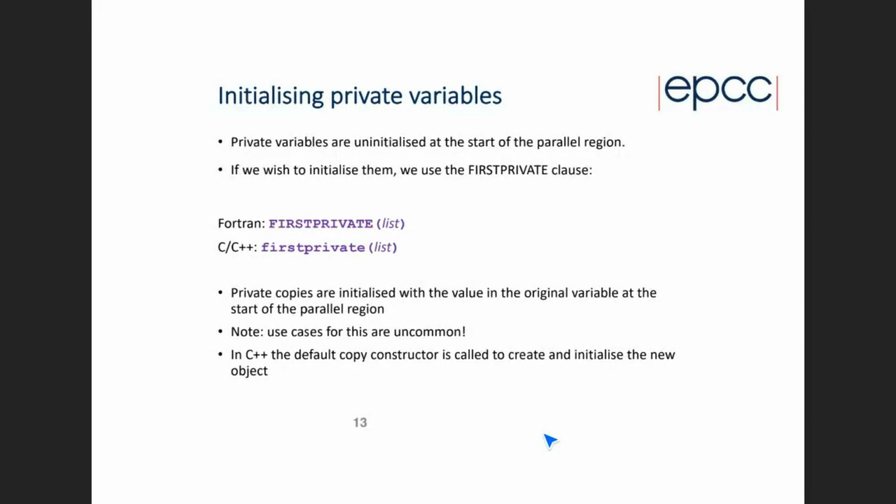There are some use cases, but they are fairly uncommon. Again, this works for C++ objects. In this case, the default copy constructor will be used to create and initialize the new object from the original storage.